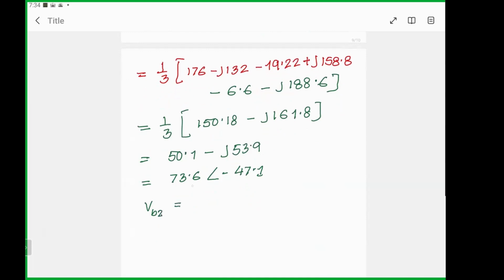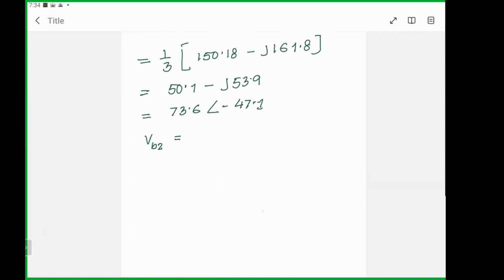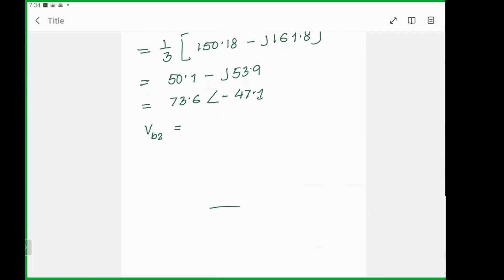If you remember, the positive sequence is BA1, then with a 120 degree shift is BB1, and then BC1. So this is positive 120 we can consider, and this one is negative 120.